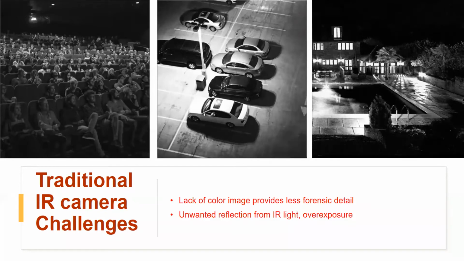You won't see true colors, so you won't be able to determine what color the car is or what color the person is wearing, shirt wise, pant wise. So that's your traditional IR, and those are some of the challenges.